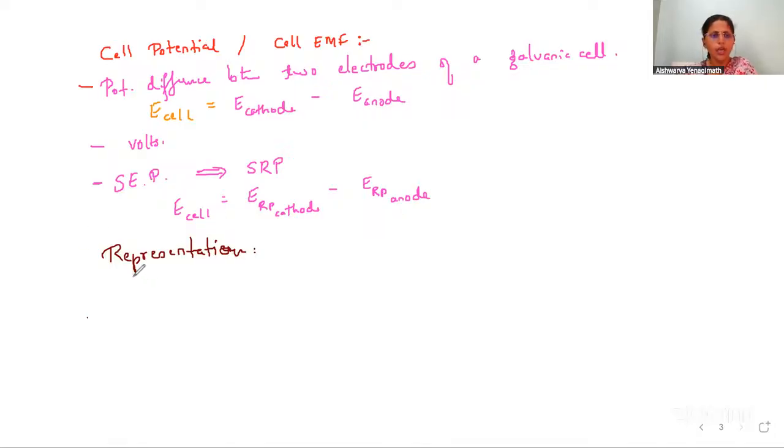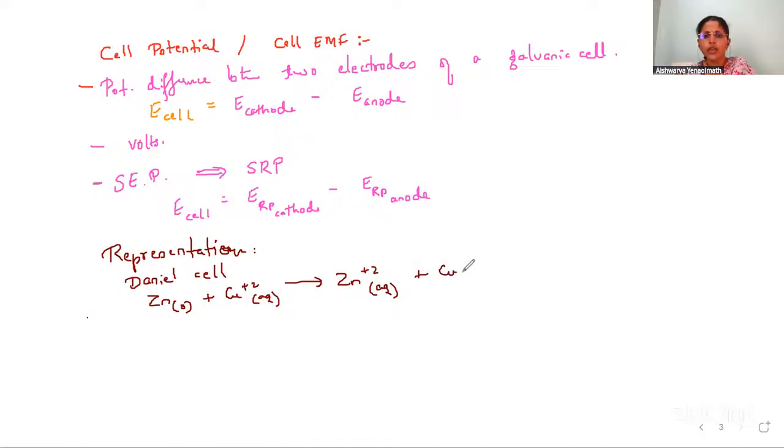For example, if you consider a Daniell cell, how did we write the reaction? Zn solid plus Cu plus 2 in aqueous solution gives you Zn plus 2 in aqueous plus Cu getting deposited. Correct? So how is a Daniell cell represented?